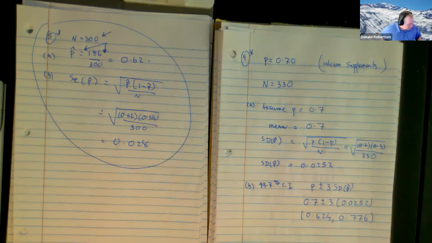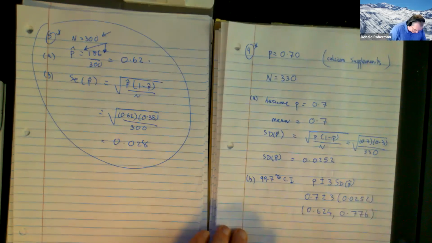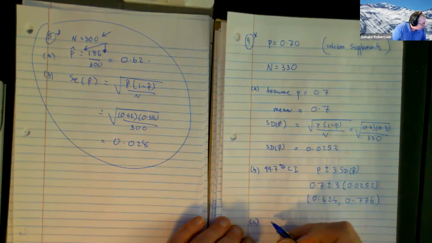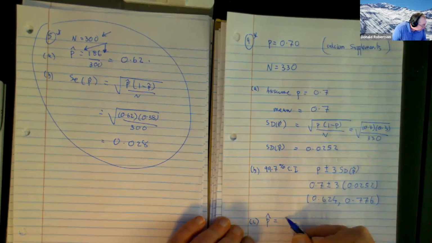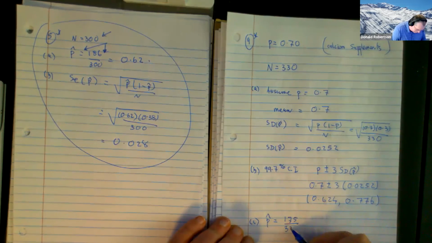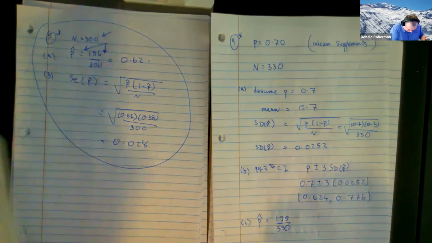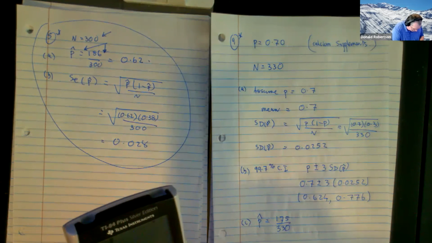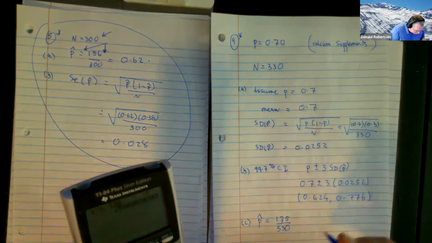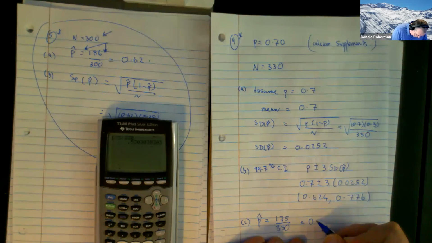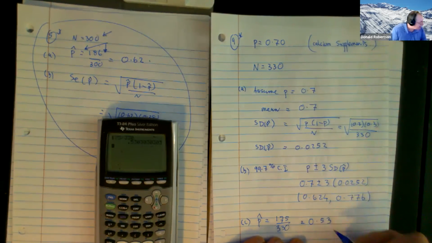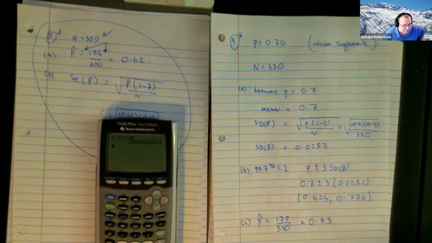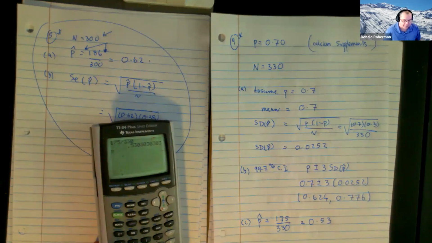Now, they then go on and say, we conducted it and we got 175 out of 330 teenagers. So let's see what that is as a decimal. 175 out of 330, and we actually got the answer 0.53. Okay, 0.53.